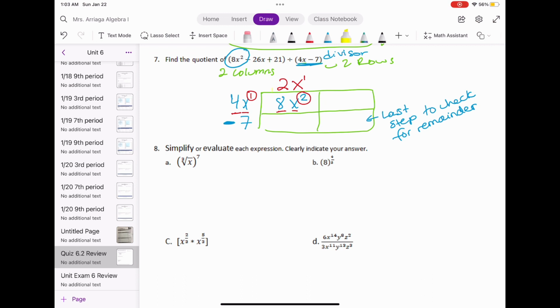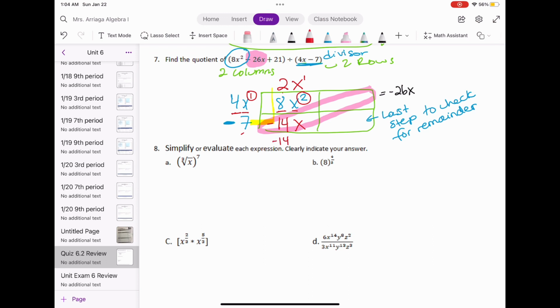So we have 2x on top and a negative 7 on the side. So when we multiply, what's 2x times negative 7? That's negative 14x. All right, this is the hardest part, guys, because you guys always have trouble combining negatives and positives. So this diagonal line, these 2 squares should give you that combination answer, which is negative 26x in this example.